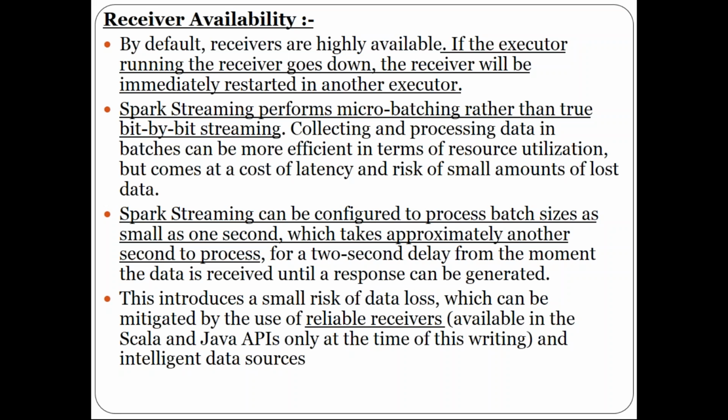I have just told you that. But it comes at a cost of latency and risks a small amount of lost data. Yes, there is a chance of losing chunks of data, but you have to do it very carefully. Spark streaming can be configured to process batch sizes as small as 1 second, which takes approximately 1 second to process, for a 2-second delay from the moment data is received until a response can be generated.